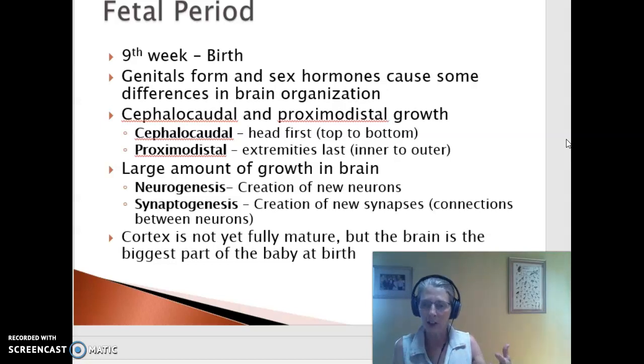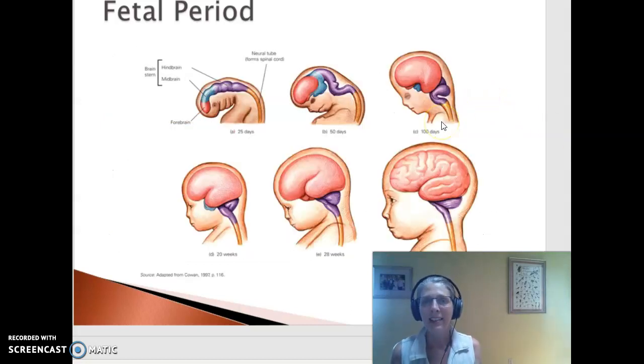There are more connections between neurons. So the cortex is not yet fully mature, that outer part, but the brain is the biggest part of the baby at birth. You probably know that or have heard it, that the head is the biggest part of the baby at birth.